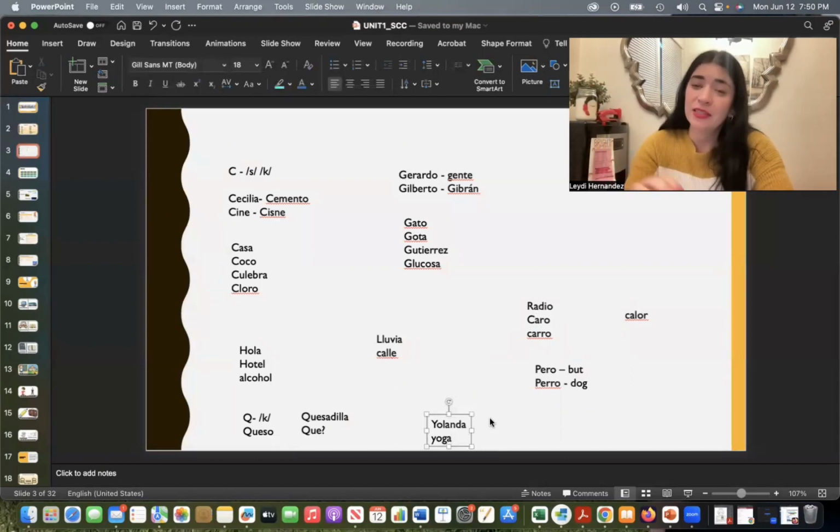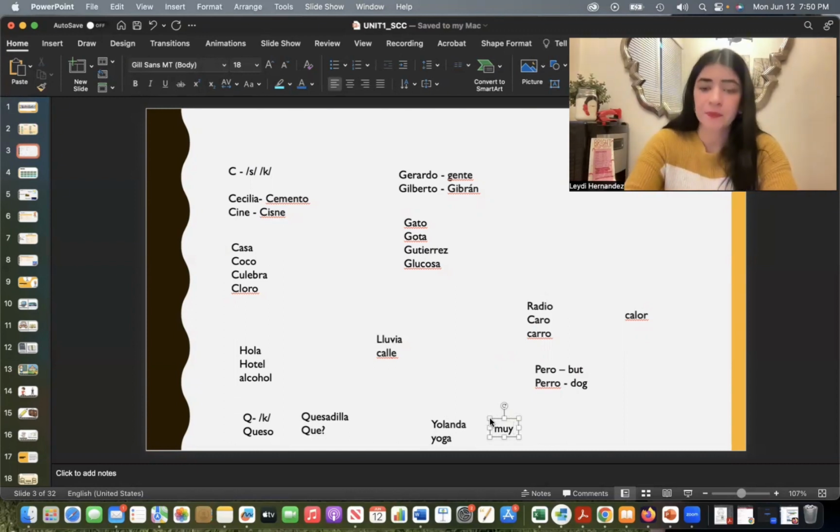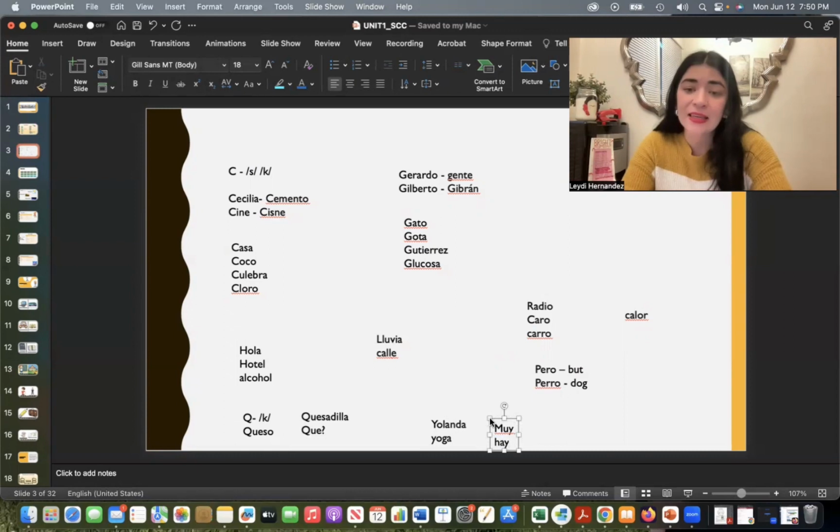But if it is at the end, it will be like an I. Muy, like very. Or y, y. It is the same letter, but it depends on the position. It has a different sound.